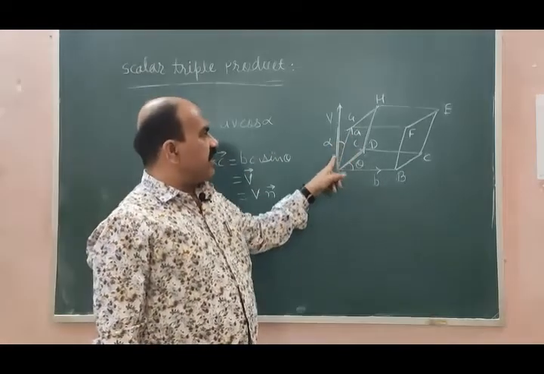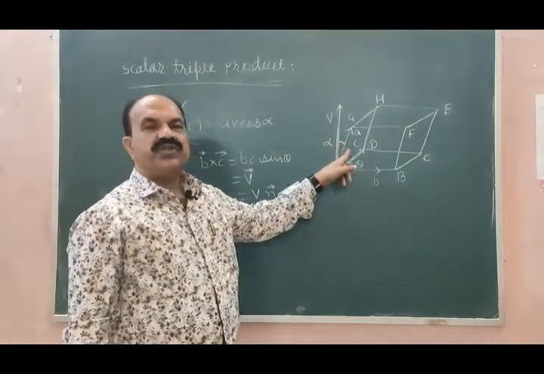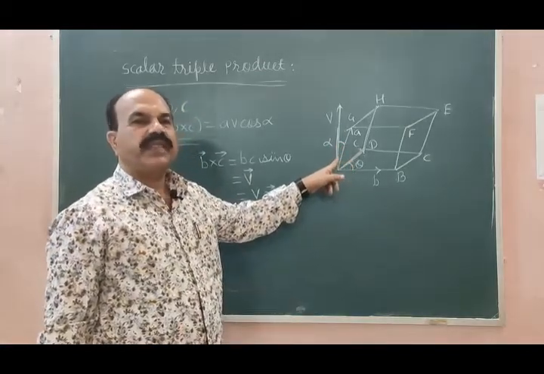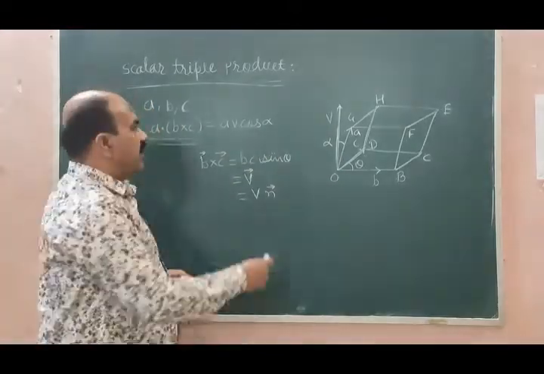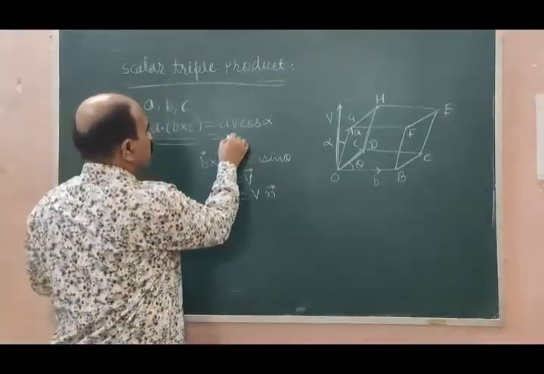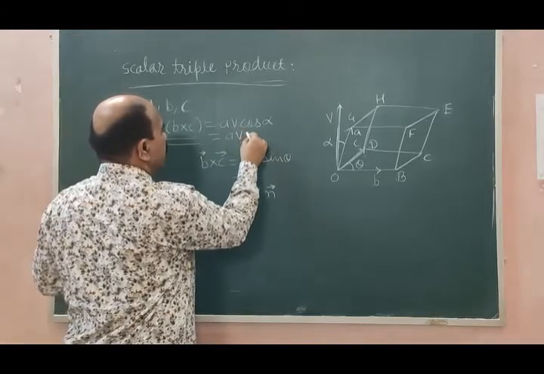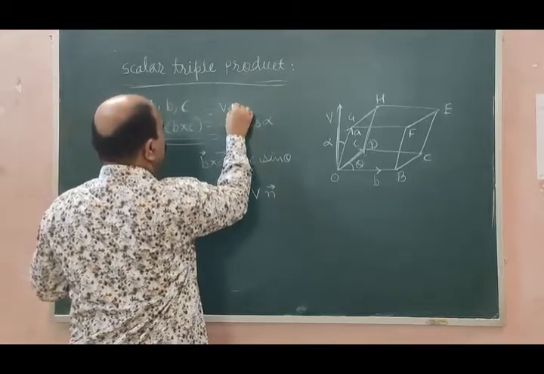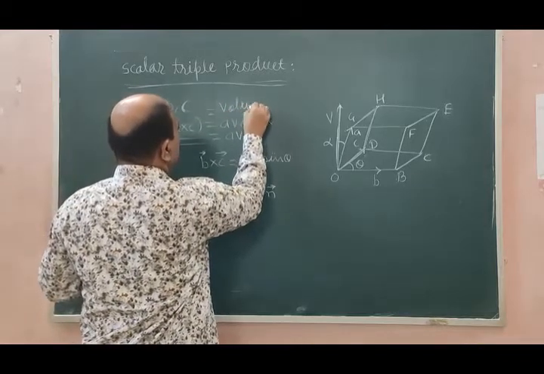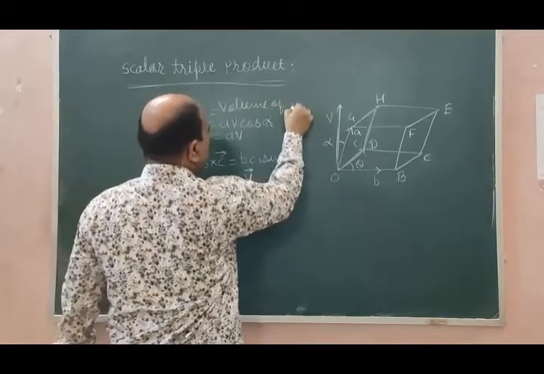A this vector, V this vector shown here. Angle between these two vectors is alpha, and dot product of these two is AV cos alpha. Or you can simply put this as AV, or it is nothing but volume of parallelopiped.